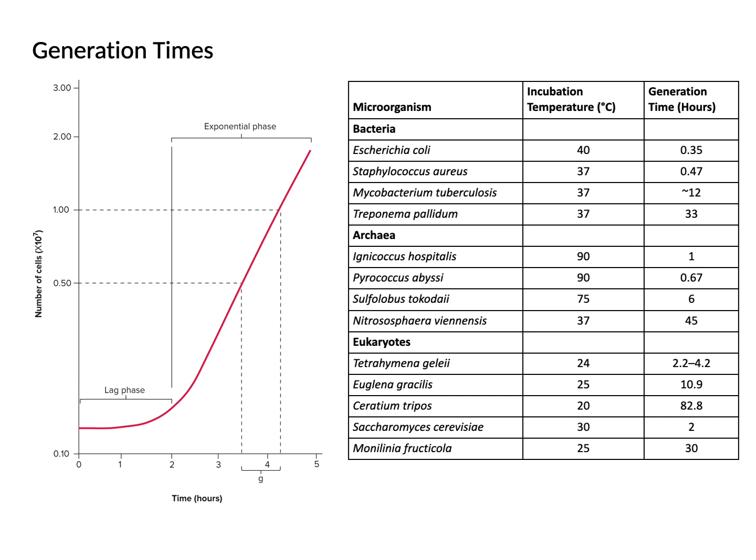You'll notice that Staphylococcus aureus has a longer generation time, about 30 minutes. But some of these, even bacteria, like tuberculosis, are around 12 hours. So there's a dramatic difference in the bacteria in their generation time.